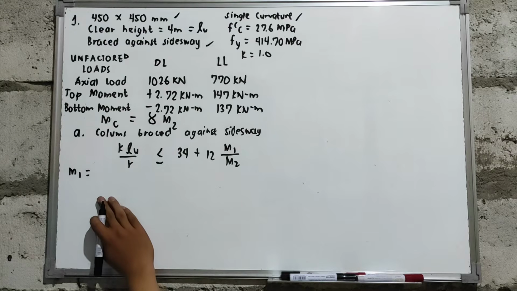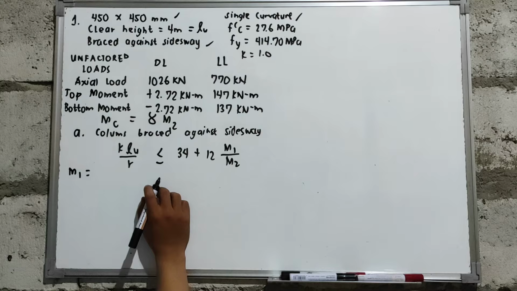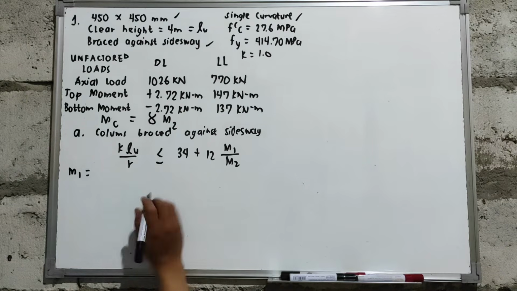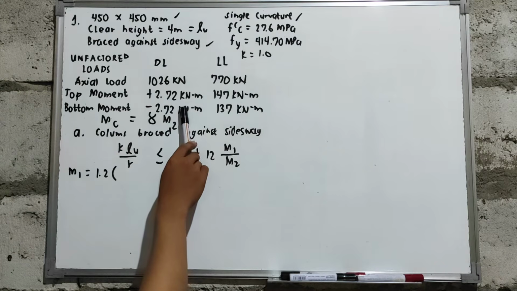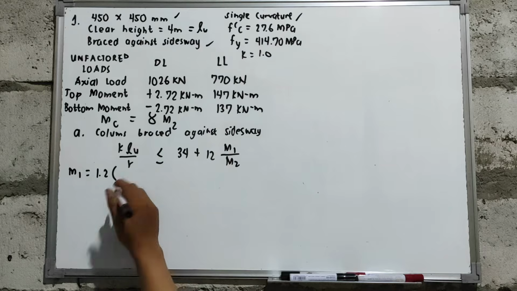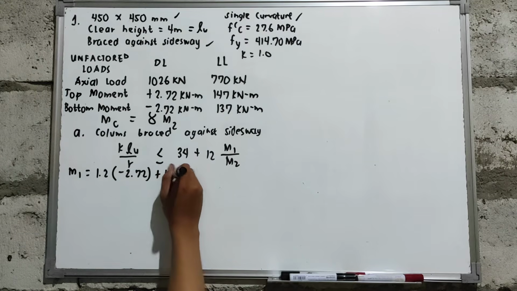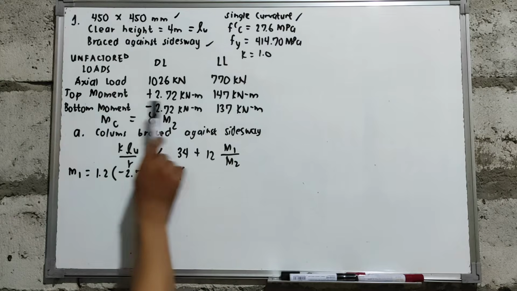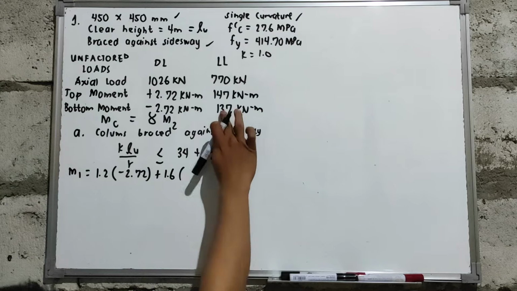First, this is our M sub 1. We will use the given unfactored loads and apply 1.2 dead load plus 1.6 live load. So 1.2 times the dead load, that is negative 2.72, plus 1.6 times, for the bottom moment, 137, or rather 136.